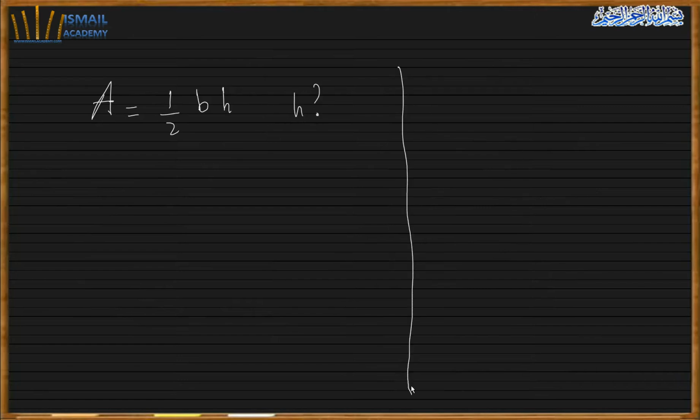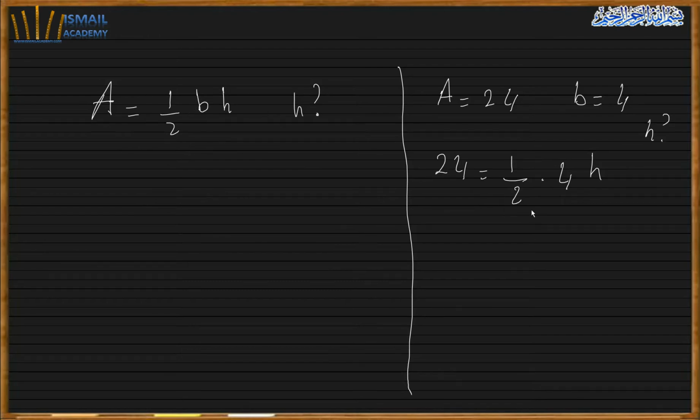On the side, I'm going to put the area equal to, for example, 24, and the base equal to 4. So I have 24 equals half times 4 times the height, because I substitute the value. Again, I'm looking for the height, so I'm going to keep it as this.